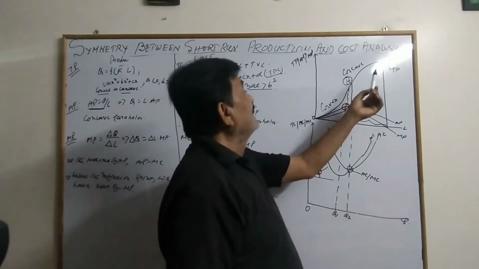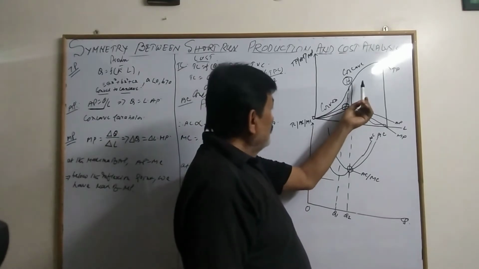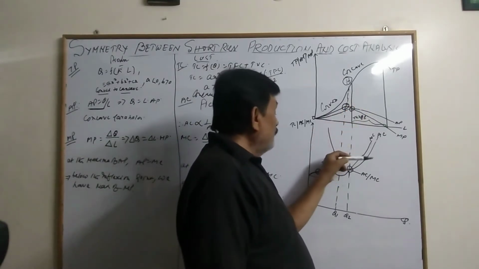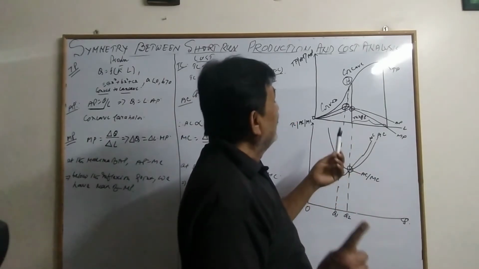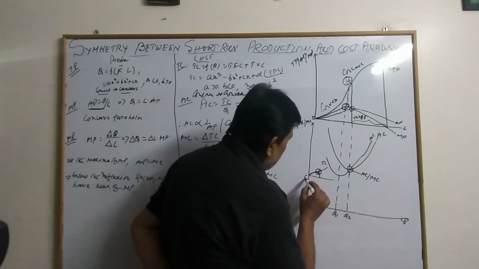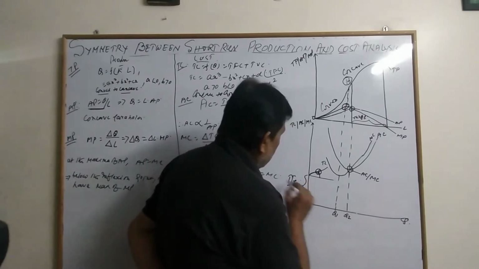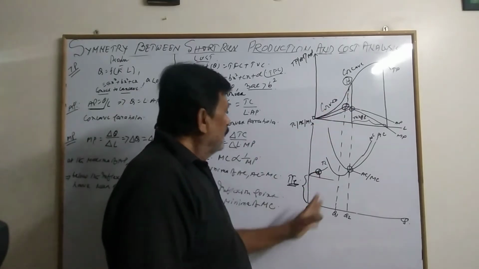So in the production curve we don't have any constant term, but on account of the fixed factor in the production analysis, in the cost analysis we shall have a corresponding fixed cost, and that fixed cost will give a certain intercept to the total cost curve. This is total fixed cost, which doesn't happen in the case of the production curve.